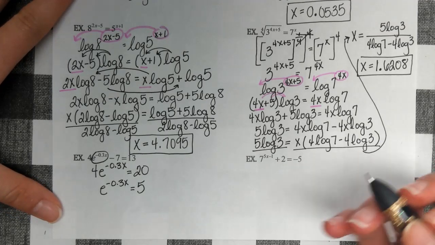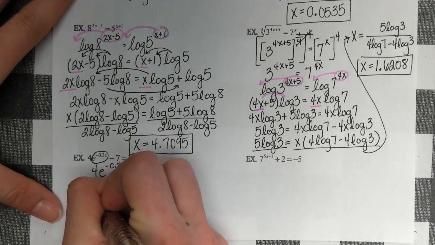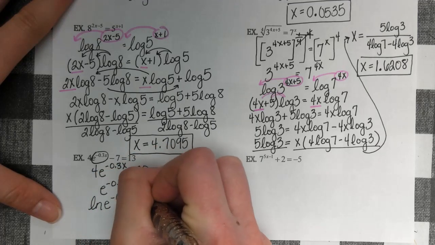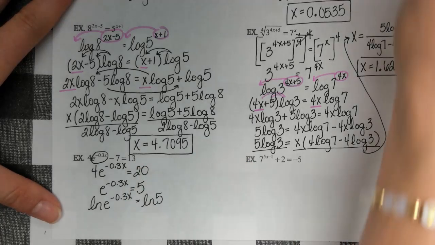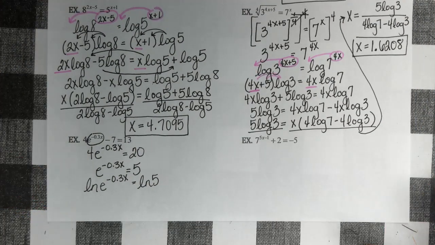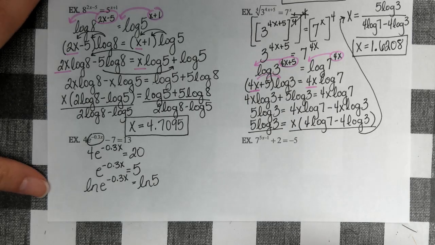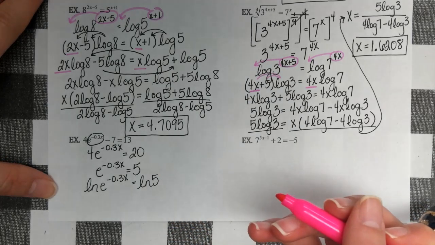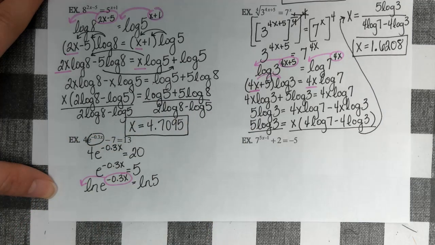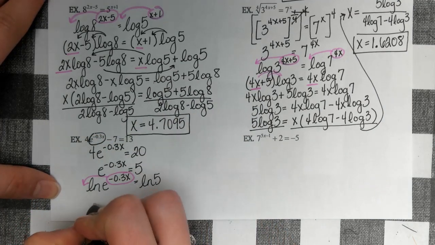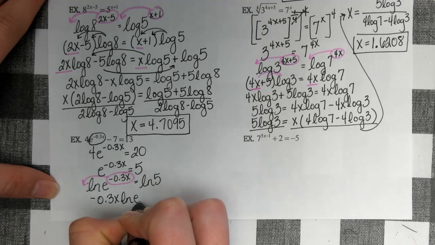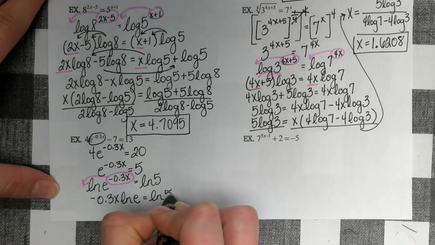Now I'm going to take the natural log of both sides. It has an e, so I know I take the natural log. And then what do I do? I have an exponent that needs to come forward. So negative 0.3x natural log of e equals natural log of 5.